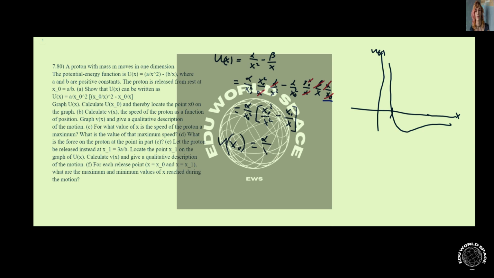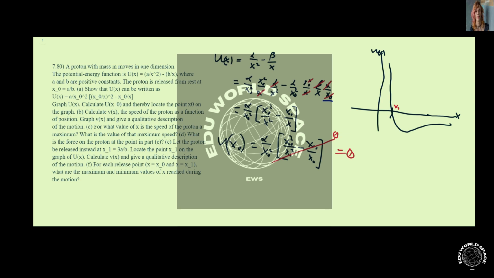So alpha over x squared, you can substitute in x is equal to x naught squared, minus x naught over x naught. And that's 1 minus 1. That's 0. This whole term is 0. And that means that at x sub 0, u is equal to 0. So this point is x0.